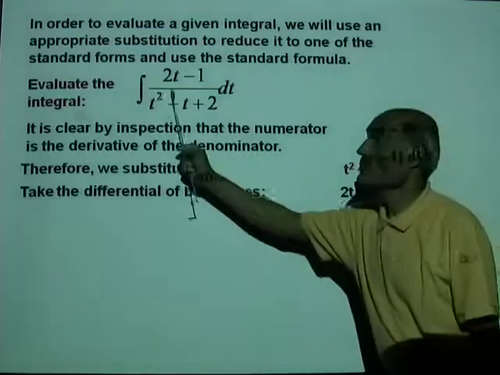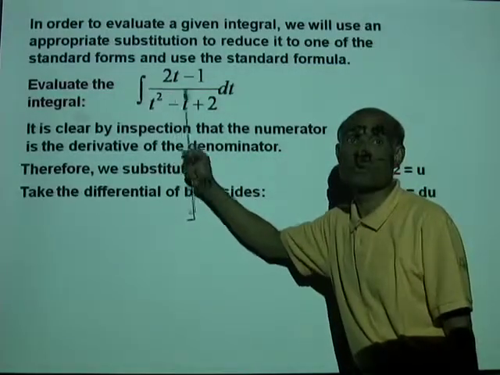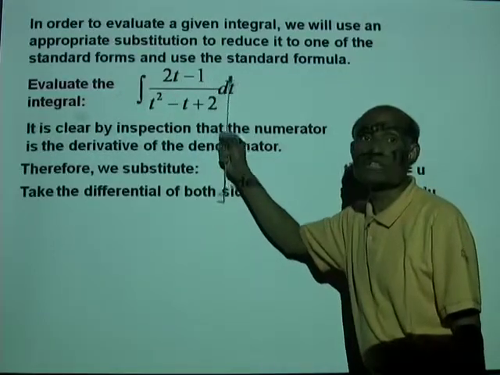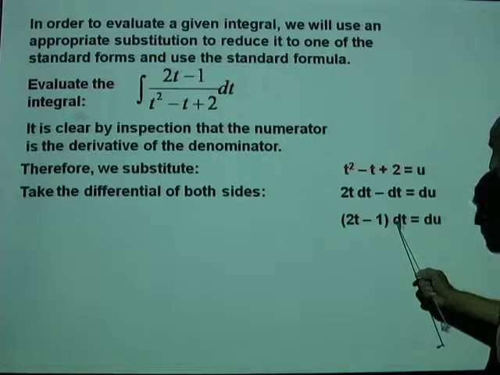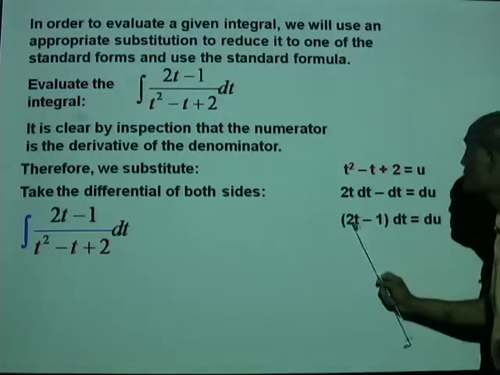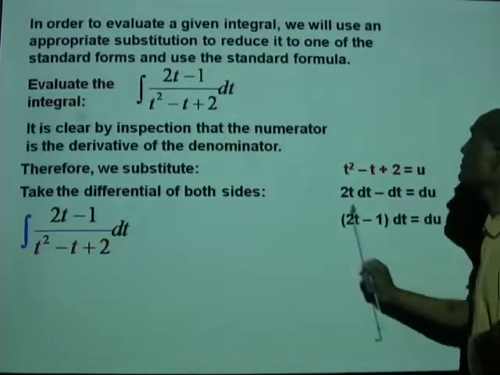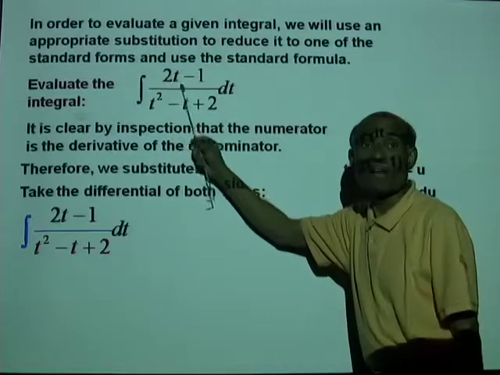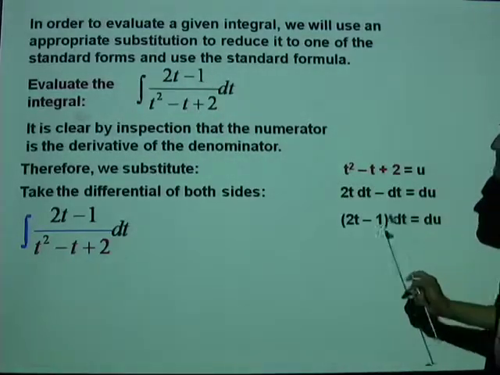Now look at that. When t squared minus t plus 2 becomes u, you need to replace this dt in terms of that u. We have (2t minus 1) dt in the numerator, and (2t minus 1) dt equals du.